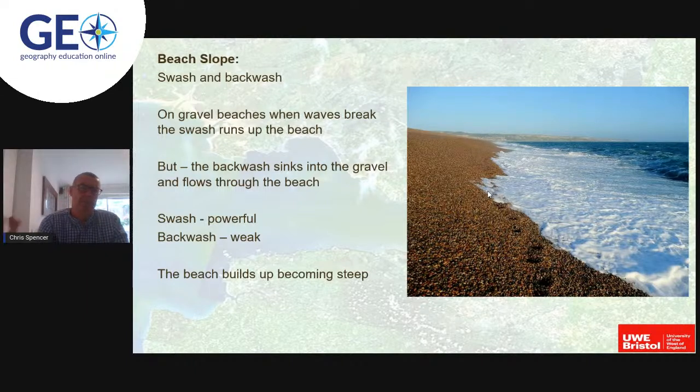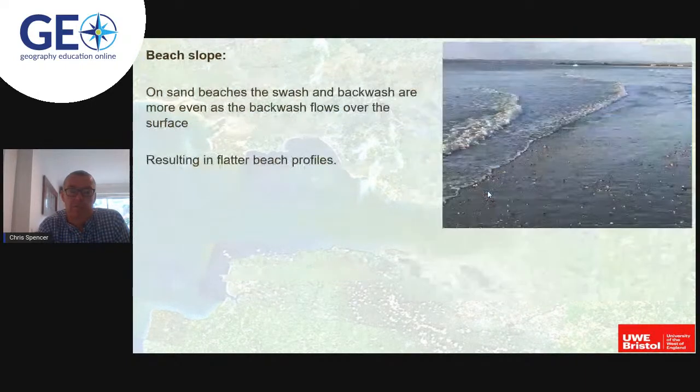And as a result of that, we have a relatively powerful swash, but a relatively weak backwash. And so material is continually thrown up the beach. The gravels are transported up the beach, building the beach up higher and higher gradually through time. And so gravel beaches tend to be quite steep because of the backwash seeping through the gravel.